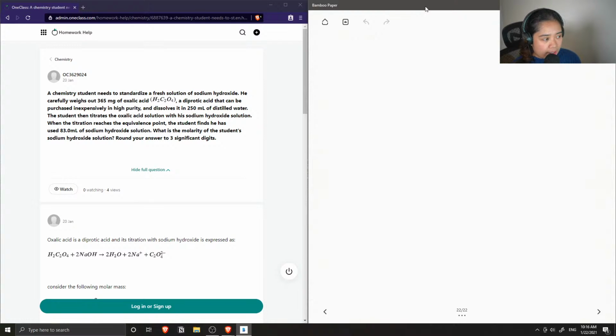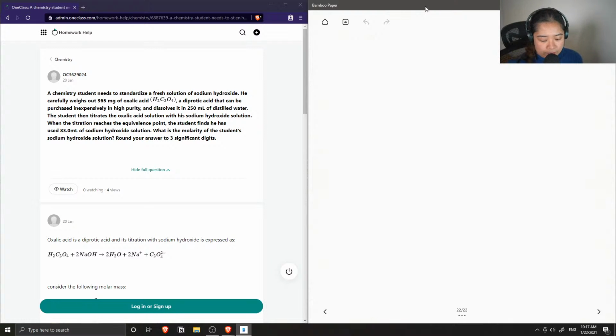The student then titrates the oxalic acid solution with his sodium hydroxide solution. When the titration reaches the equivalence point, the student finds he has used 83 milliliters of sodium hydroxide solution. What is the molarity of the student's sodium hydroxide solution? Round your answer to 3 significant digits.